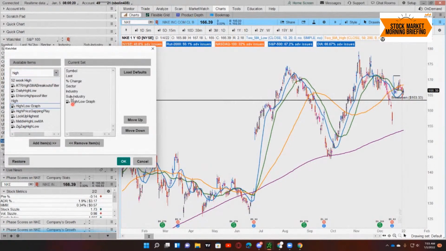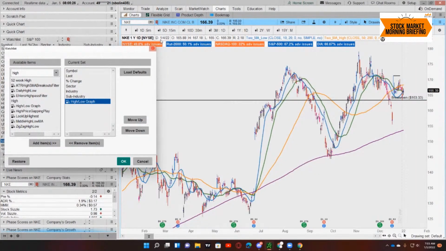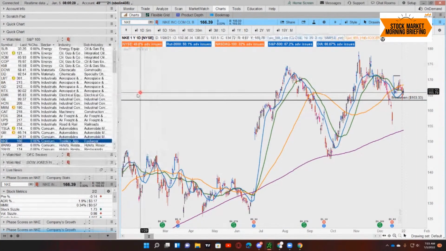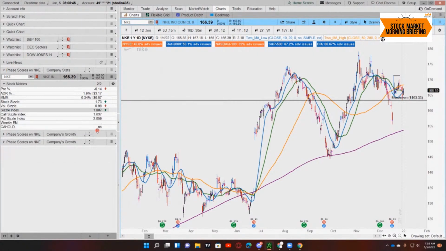high-low graph, this thing right here. We took that, opened it up, stole the guts out of it, and built a scanner with it, and then eliminated anything below 90 because 90 and above is like the highest, and turned it into a scanner. Put it back into the watch list. That thing will give you nonstop day trades all day long. It's absolutely amazing.